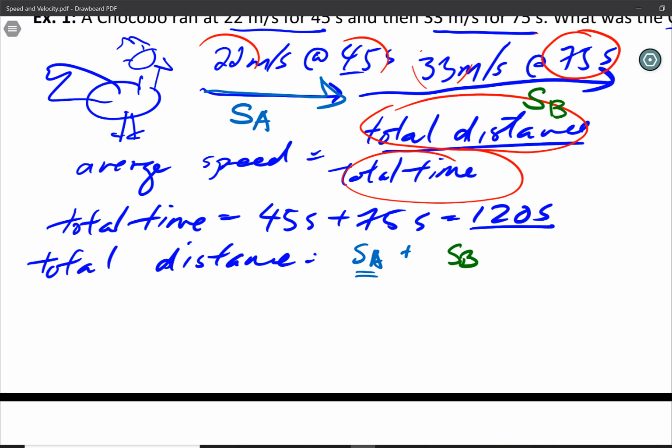I'm going to use the same equation, and the shorthand I showed you above, with the average speed being V and A, to label that it's for part A. This is equal to our distance traveled in that segment divided by the time in that segment, which is 45 seconds.